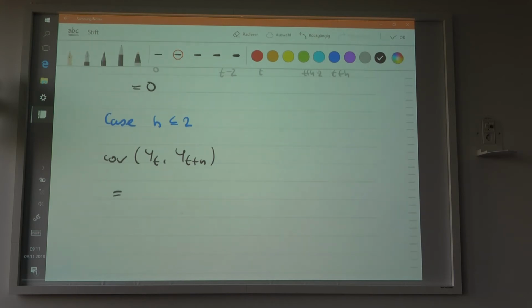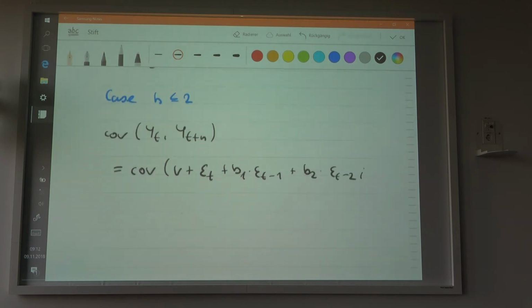What you have is the covariance of the constant plus the first noise, plus B1 times the second and plus B2 times the third. That's going to be the first expression.